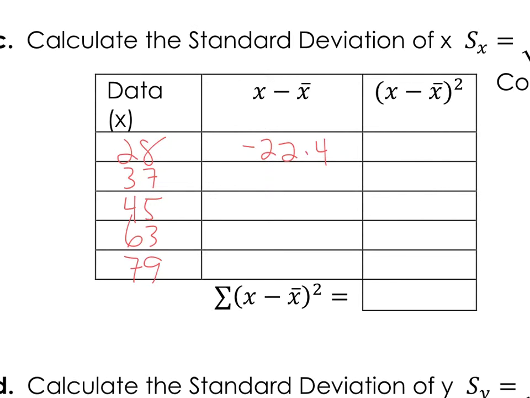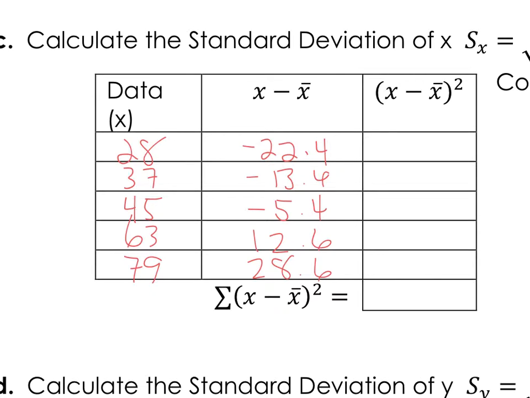Then I take 37 and subtract 50.4, and I get negative 13.4. I'm going to continue doing this, and I have all of those calculations made.